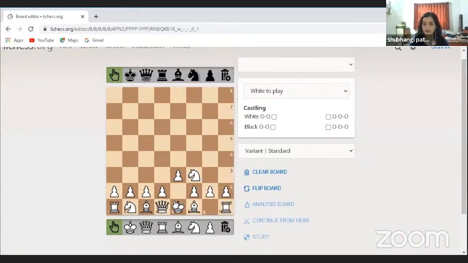Okay, so do one thing. Make one column and divide it into 2 parts. Okay, so first I'll tell you the short forms which we are going to use for each piece. So let's do that first. Okay.